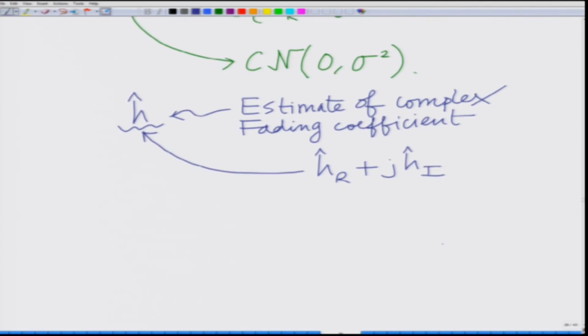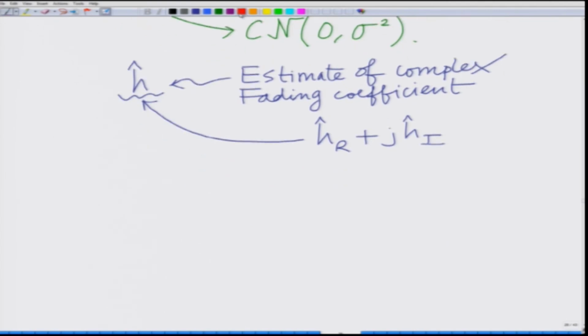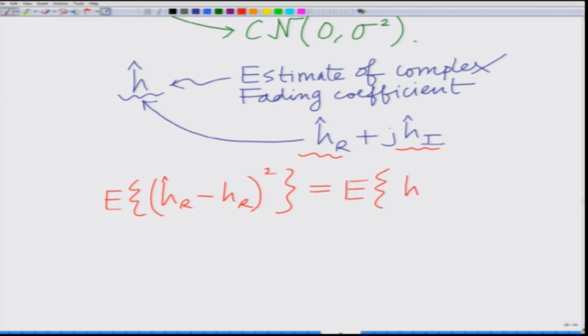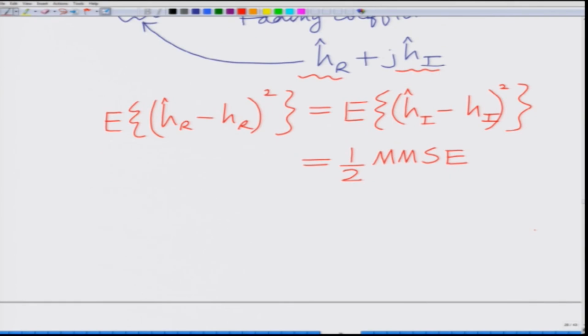Now, we can show that the MMSE, or the minimum mean squared error, of each of these parts, the real part and imaginary part, that is, H hat of R minus H of R whole square, will be equal to the MMSE of the imaginary part, H hat of I minus H of I whole square, and these will be equal to half the total minimum mean squared error. We know what the minimum mean squared error is.